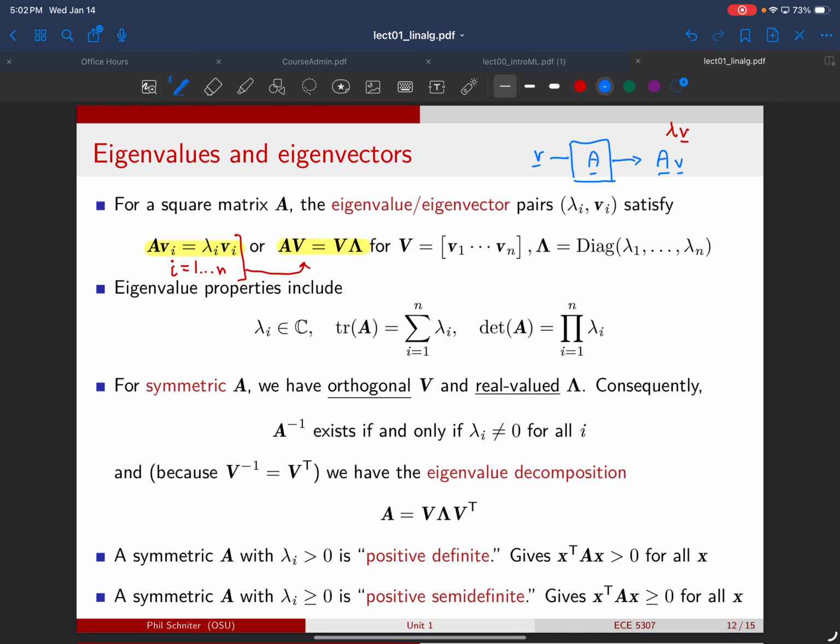So we have V is going to be that. Lambda is going to be a diagonal matrix. And when you do this multiplication, you are going to get a matrix where the first column is going to be, how do we think about this? Let's maybe move step by step down that column. So the first element, it's going to be this times this.